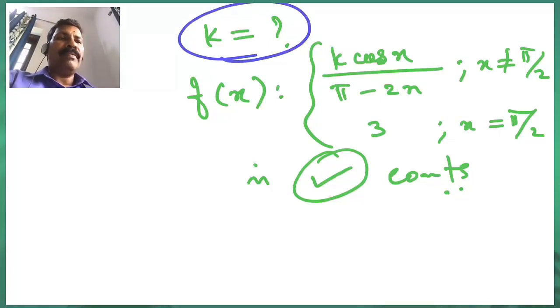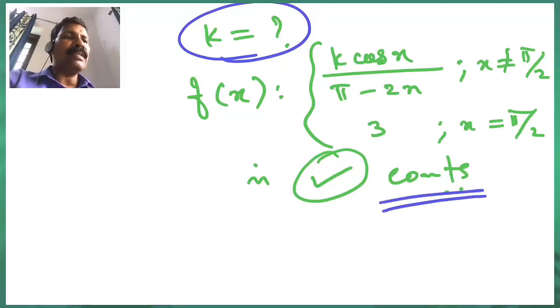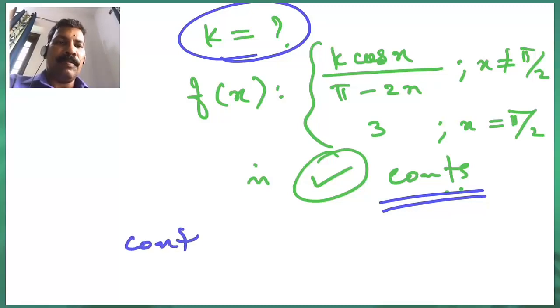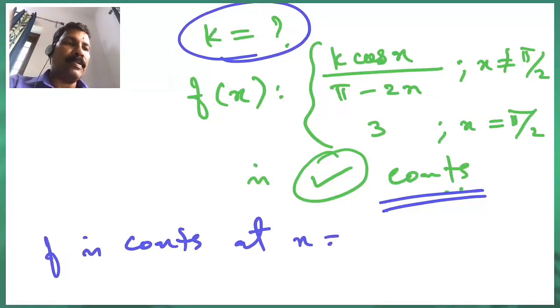So again, the function is continuous, which means it is continuous at every point. So in particular it is continuous at x equal to pi by 2 also. What do you mean by that?